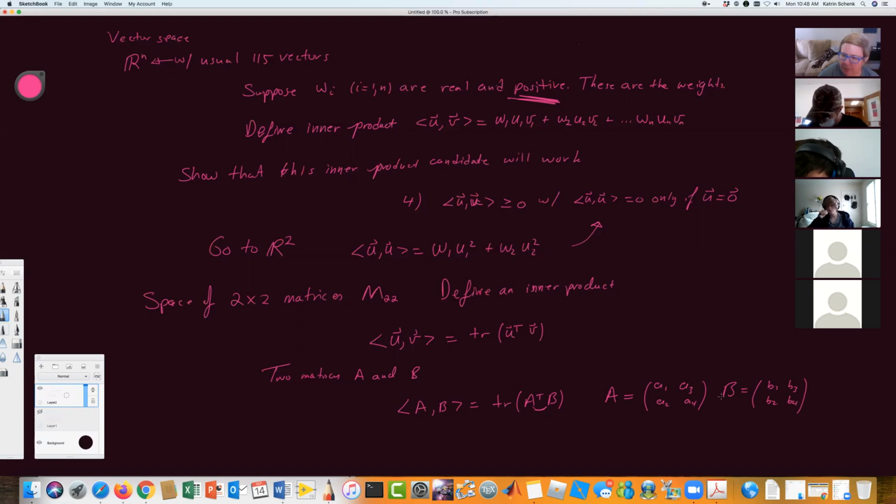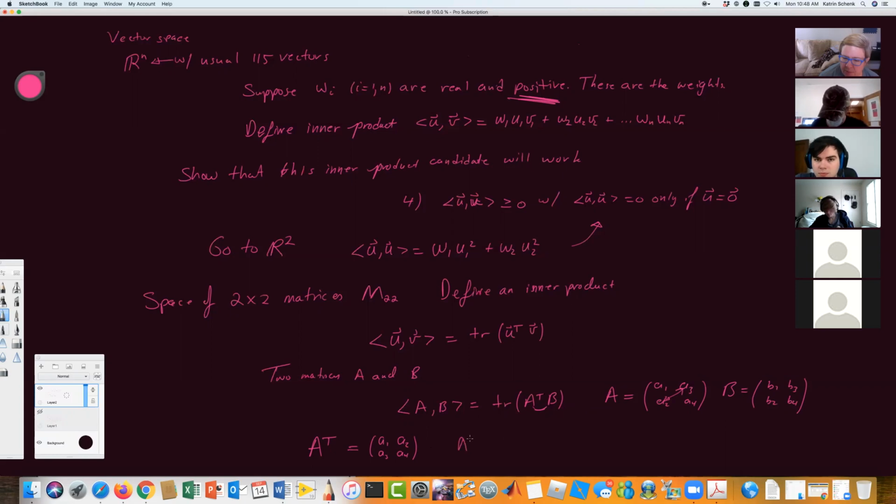Okay, so first we have to take the transpose of A. So A transpose, you just flip over the diagonal, like this. Flip these two right over the diagonal. So we get A1, A2, A3, A4. And now we have to multiply that matrix by B, by matrix multiplication.